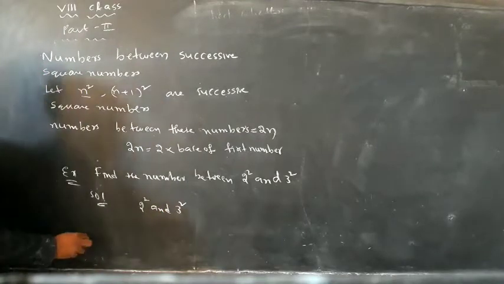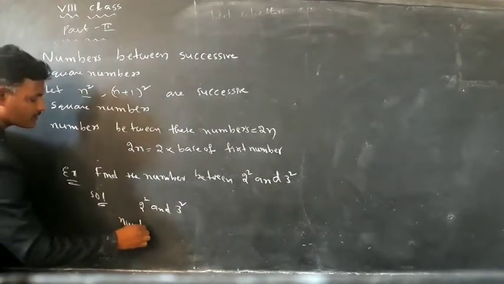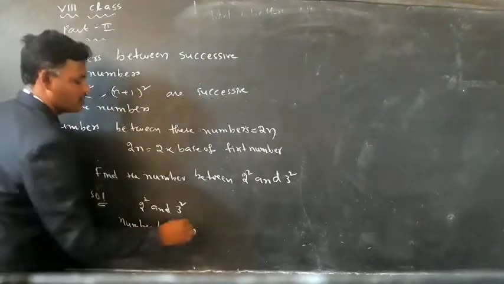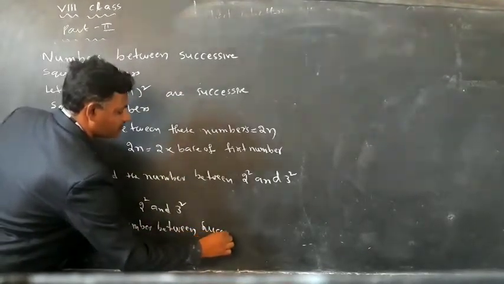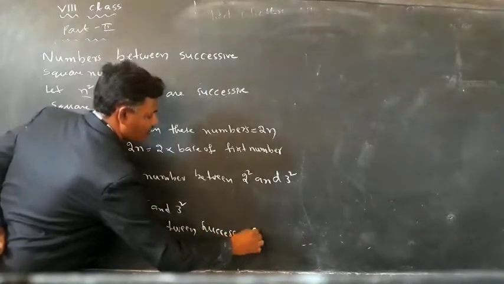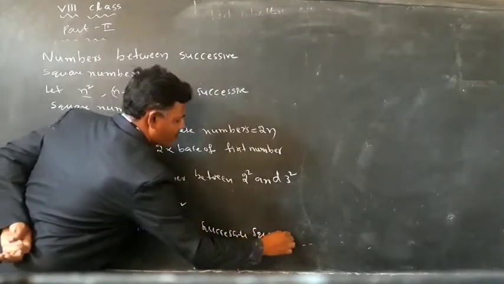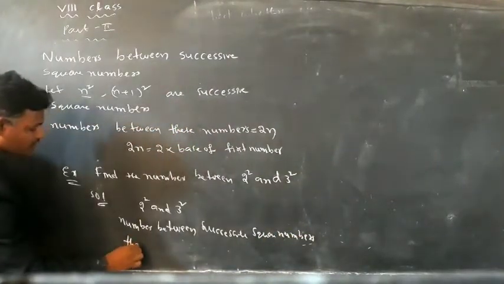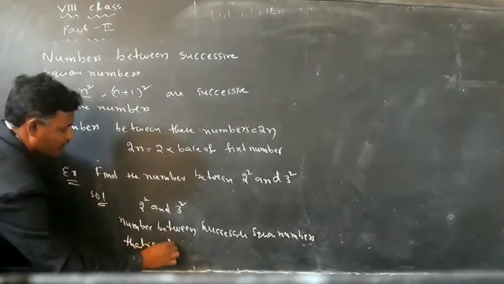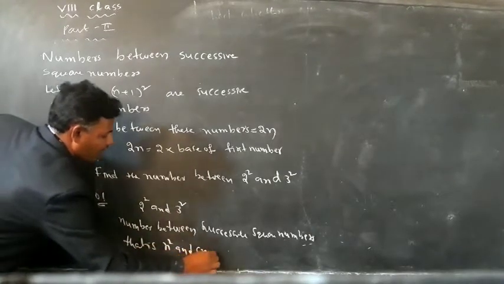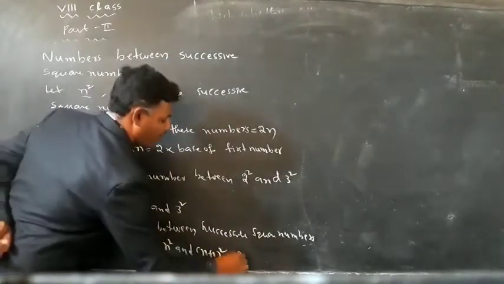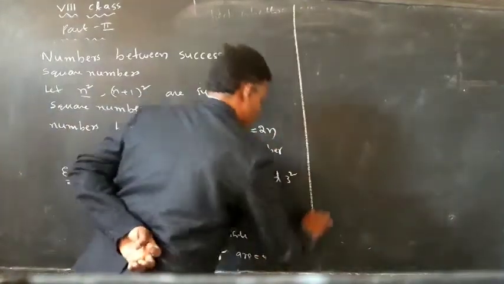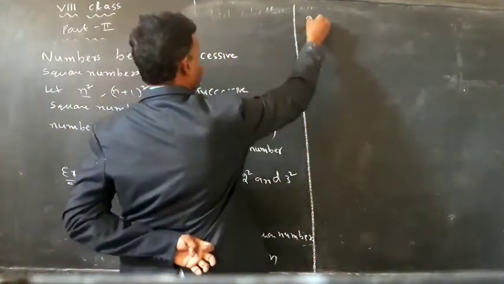What is the formula? The numbers between successive square numbers n square and (n plus 1) whole square are 2n. What is the meaning of n?